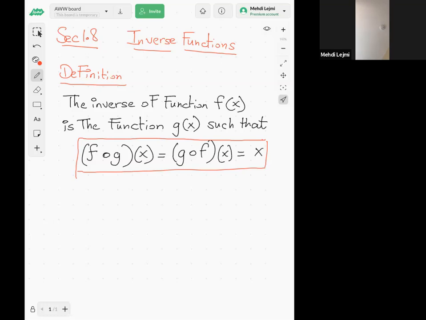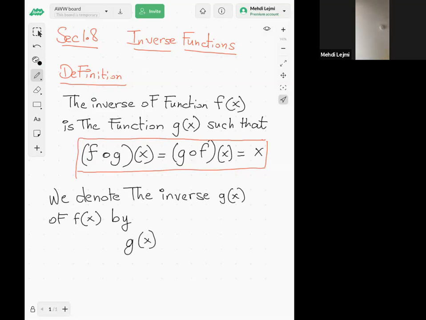And we denote this inverse of f of x, g of x, by f to the power -1.